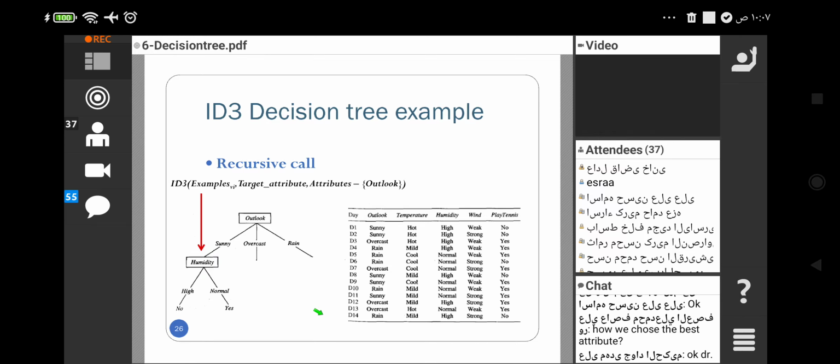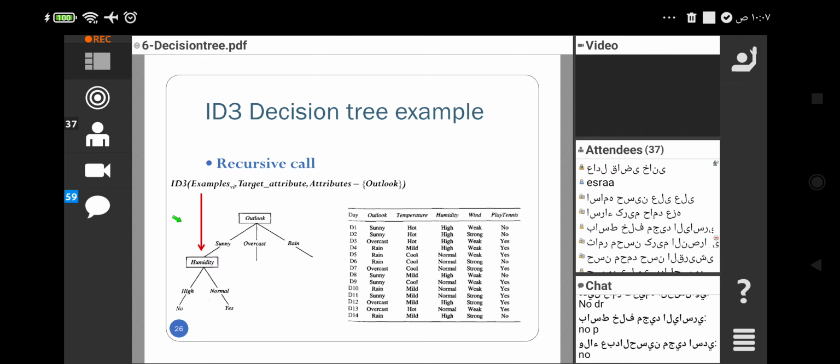So between humidity, temperature, and wind, we again calculate the information gain between these 3 attributes.